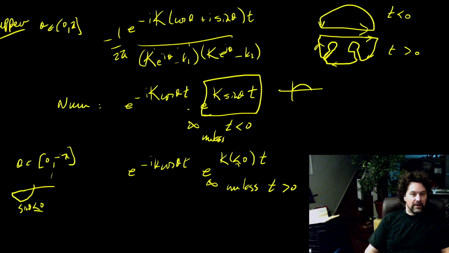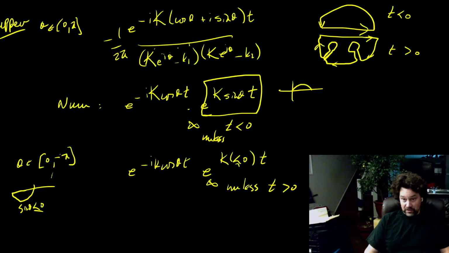Having found that our integral along this path is 0, and our integral along this path is 0, we now know that if we choose to extend our integral into the upper half plane with t less than 0, then 0 plus 0 equals 0, and our integral in that case equals 0.